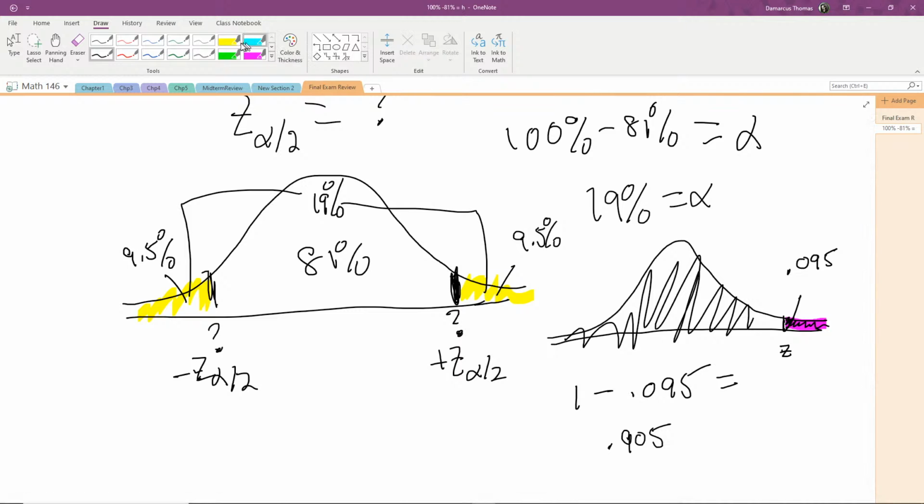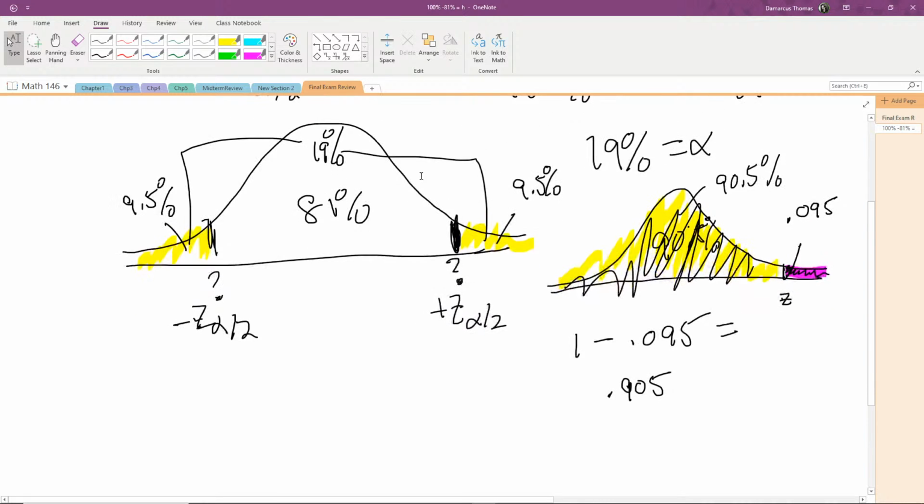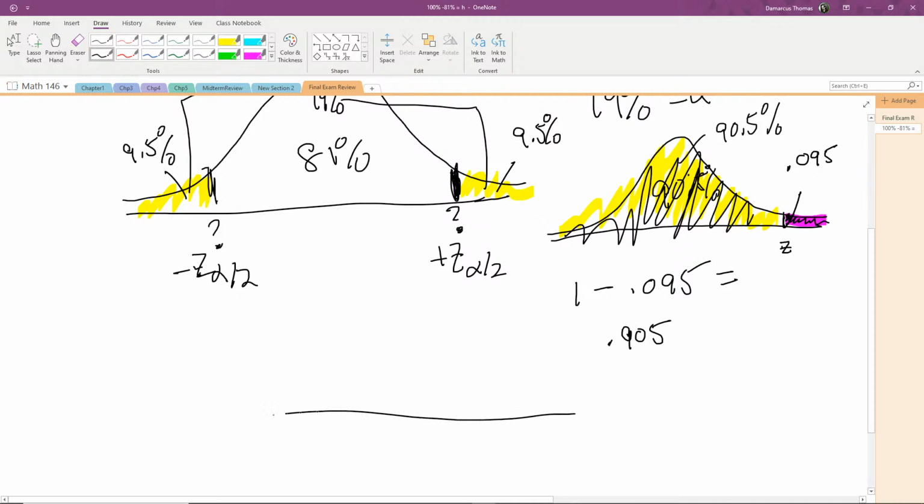So the area of all of this is 90.5%. That's hard to see. 9.5% and 90.5%.